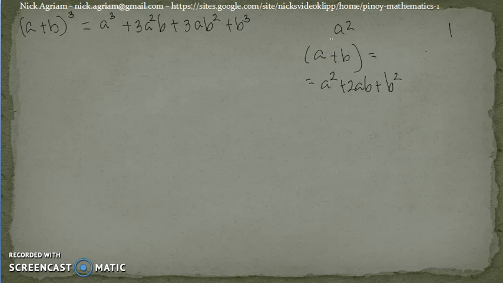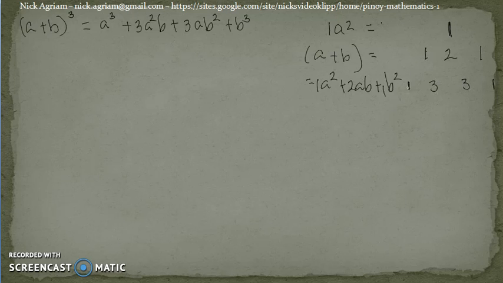Again, you see the constant coefficients here are 1, 2, 1. Here is only 1. Here is 1, 2, 1. And for the third, we have 1, 3, 3, 1.